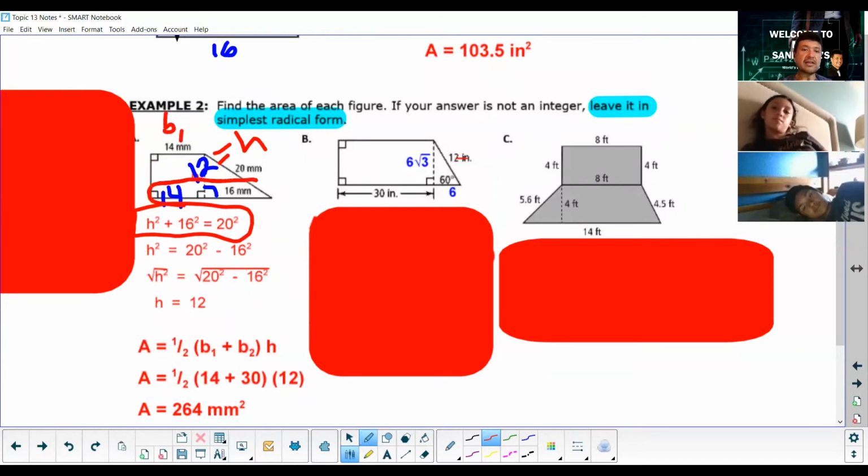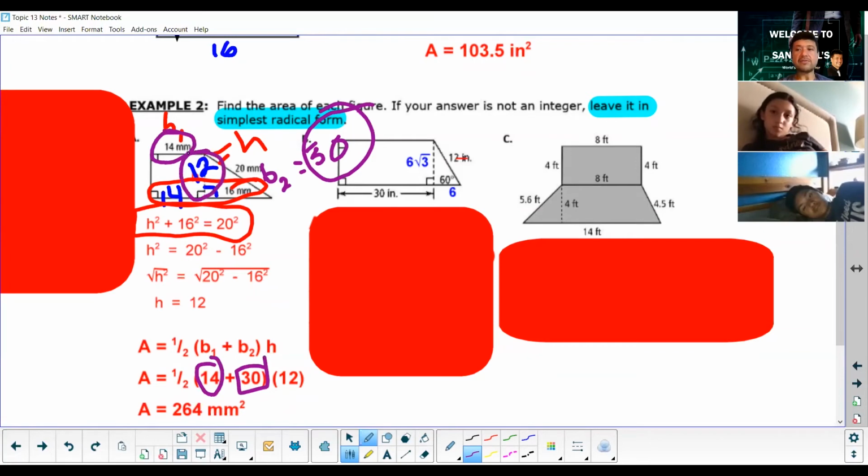And then these two added together will give us base 2. So base 2 came out being 30. Once we have these three things, you see how 30 is here? That comes from here. Our 14 for base 1 goes into here. And the hardest thing to discover was that 12, which was a height that came from the Pythagorean theorem. That was the Pythagorean theorem right there. Okay?